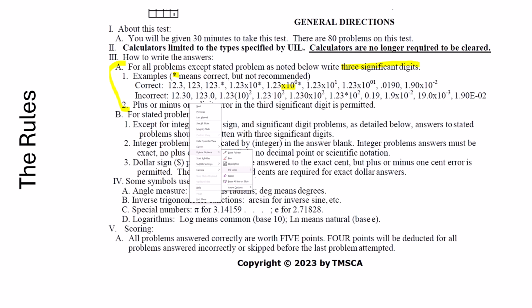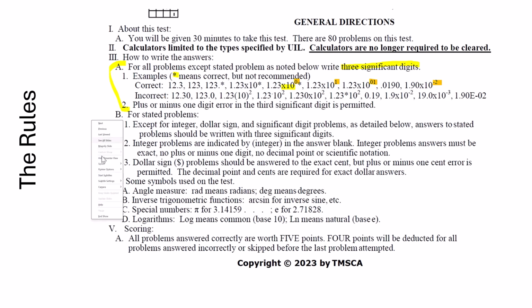So this number right here, that's the number after the E. So here it would be 1.23 E 1. You can write 1.23 times 10 to the 1. You won't see that on your calculator. You'll just see E 1, all right? Or if you have a -2 exponent, 1.90 times 10 to the -2.